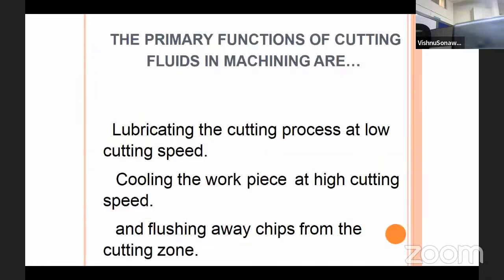Why are cutting fluids required? They lubricate the cutting process at low cutting speed, cool the workpiece at high cutting speed, and flush the cutting chips away. This is the main aspect of cutting fluids in machining, right?